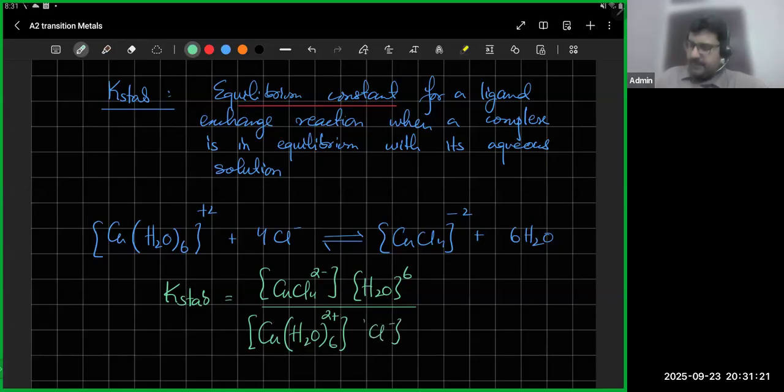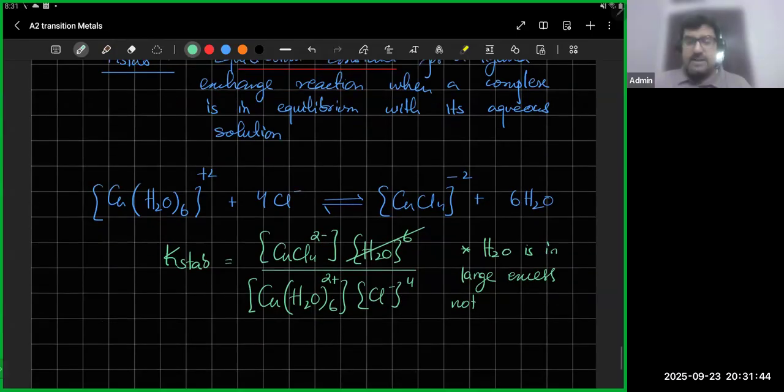The only thing you've got to do in this expression is you don't write water when you have an aqueous solution. Water is in large excess, and therefore its concentration would almost be a constant even if more water gets produced, because water is in such large excess that its concentration would barely change.